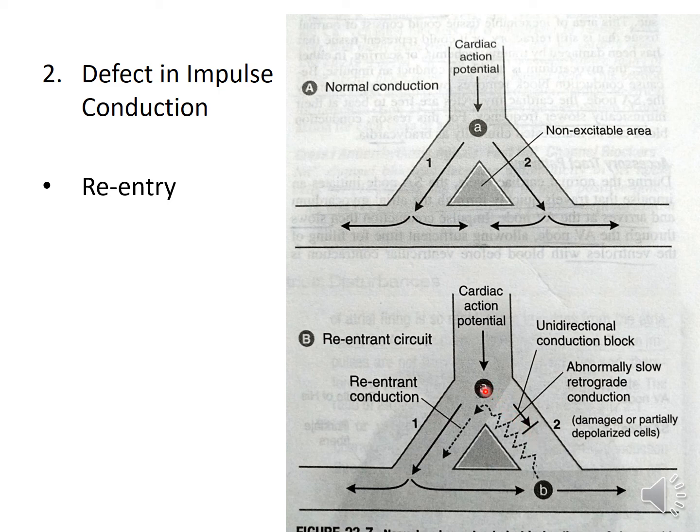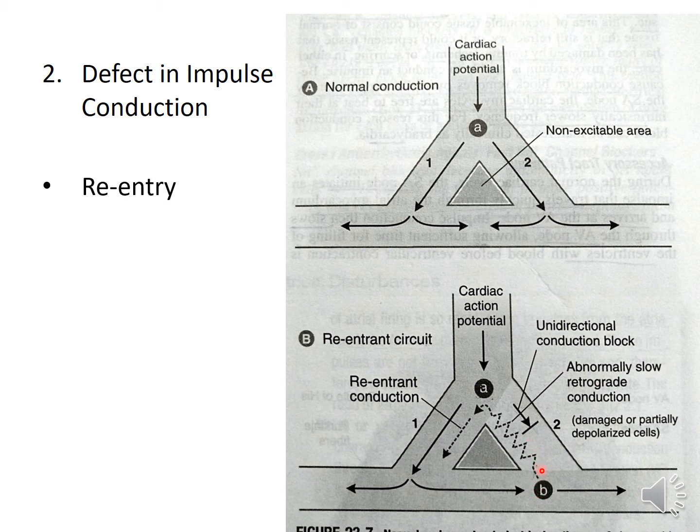So it will go only through the first pathway, move forward, and reach point B, and from point B it re-enters through the second pathway. The reason is that the tissue which was previously in action potential has now reached resting state, and now the wave can enter here through this point.